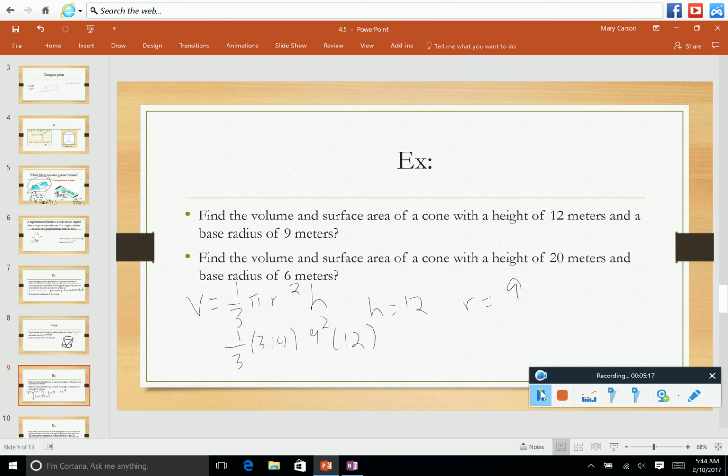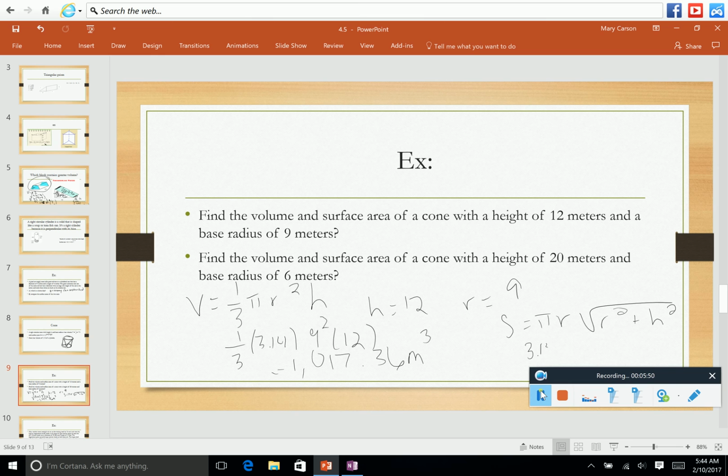And that's 81 times 12. So 81 times 12 times 3.14 divided by 3. Should end up with 1,017.36 meters cubed.